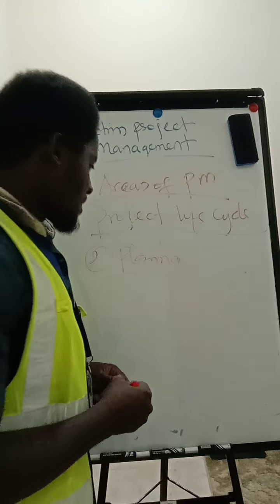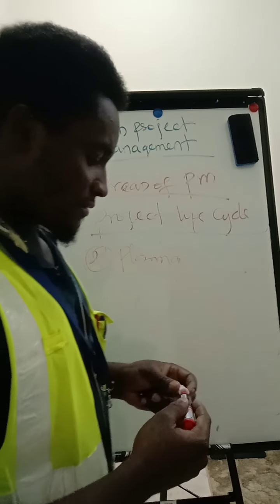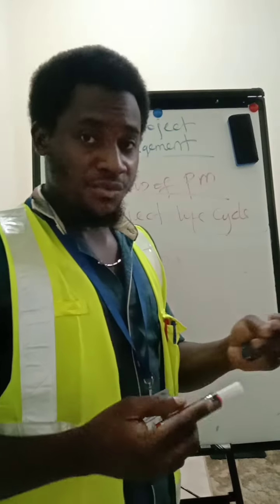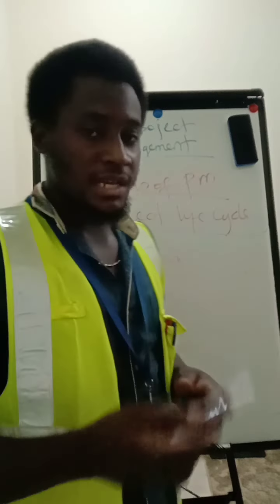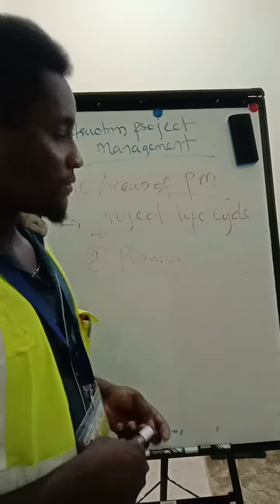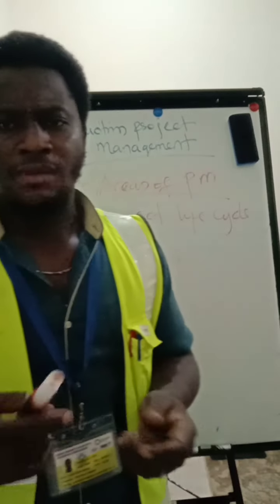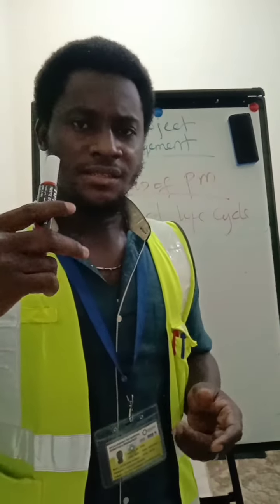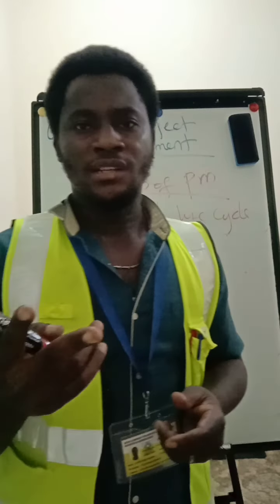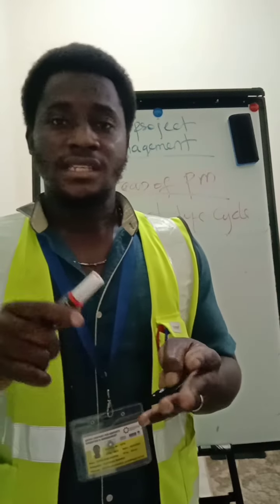Okay, next, after we break down all the different activities, we identify the time in which these activities will be carried out, and then we move to preparing the bar chart or the Gantt chart. In preparing the Gantt chart or the bar chart, we have to look at two important key factors: the predecessors and the successors.